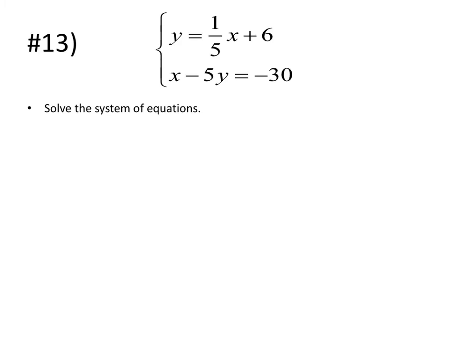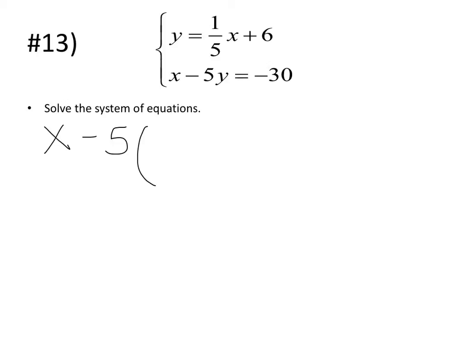All right. Number 13 is a substitution problem waiting to happen. We've got y solved for right here, so we're just going to plug in for y right here. And so I have x minus 5, but instead of y, I'm going to plug in here because we know what y equals.